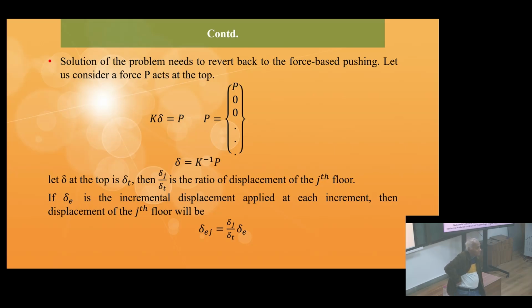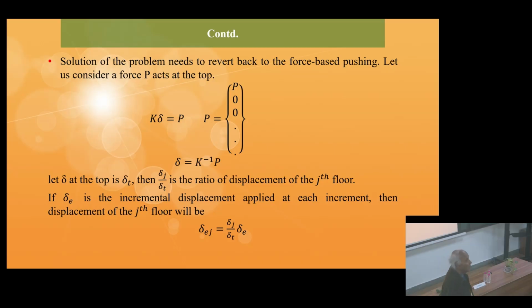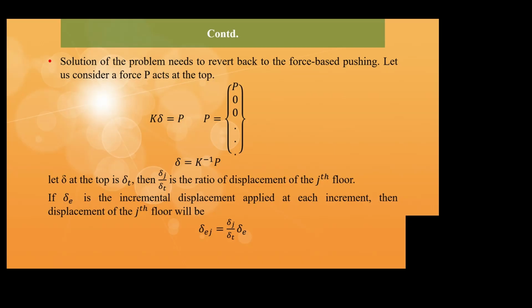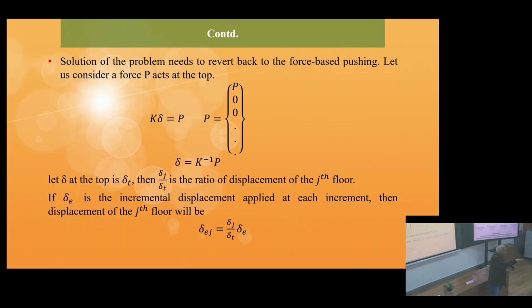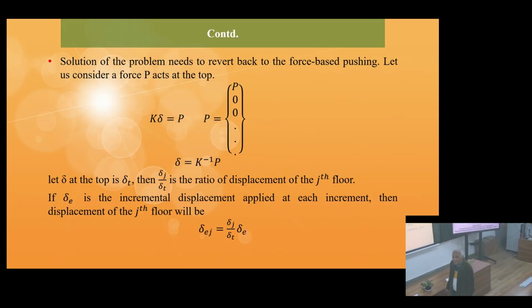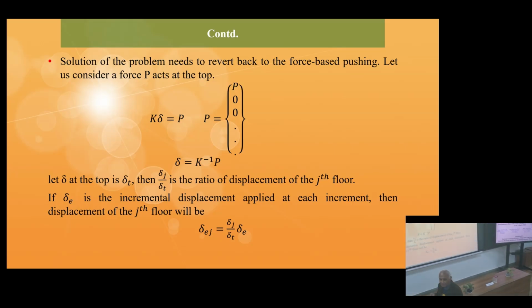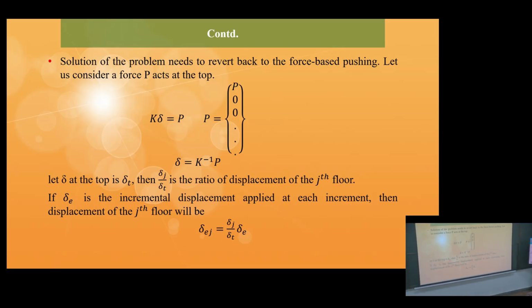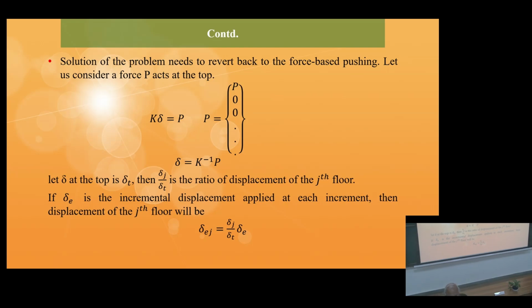Then K11, K21, K31. Because 1, 0, 0, if you multiply that, this is a force. So, if I am giving a displacement at the top, of whatever way I have given, the force basically is K11, K21, K31.